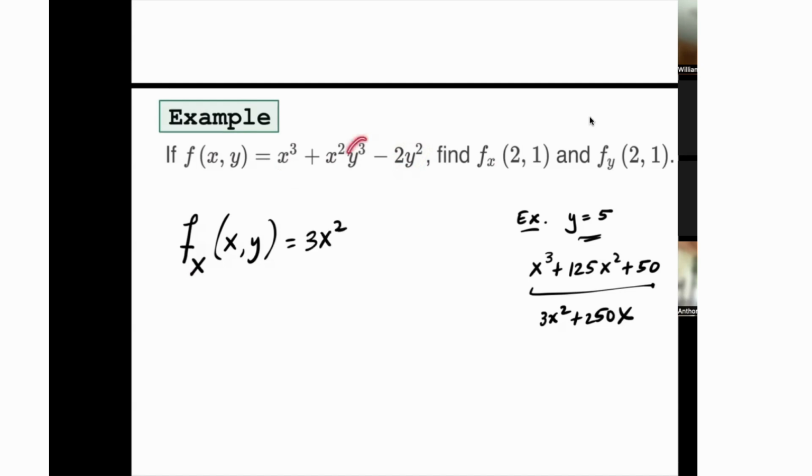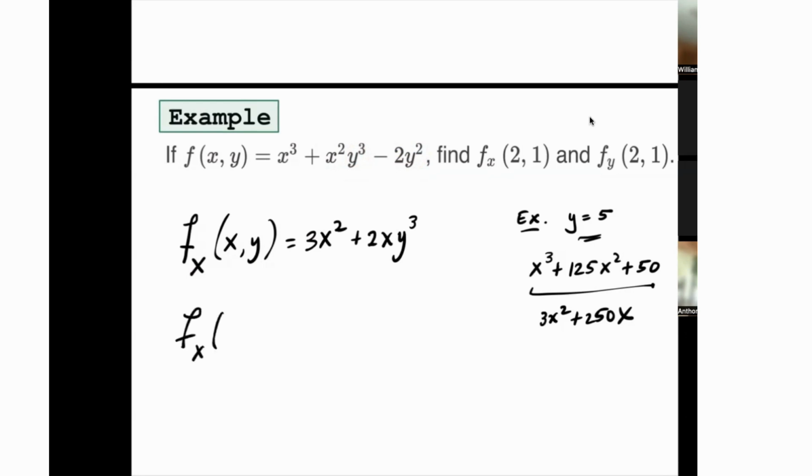And if y is a constant here, we get the constant times the derivative of x squared, so the derivative here will be 2x times the same constant. And then here, I'm just taking the derivative of a constant. There's no variable x, so its derivative is 0. And that's basically it. So that's the partial derivative with respect to x in general.